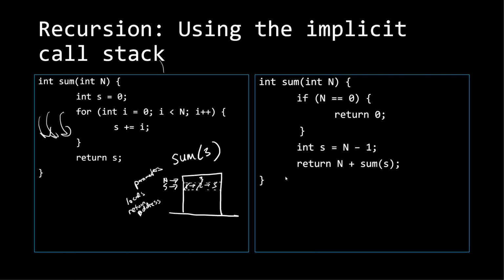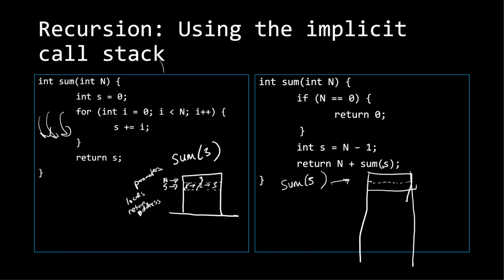So what happens here is when we call sum of 3, we get a lot of function calls, right? So let's take a look at the frame here. There's first going to be a frame allocated for sum 3, right? And so once again, there's going to be a parameter slot and a local slot.